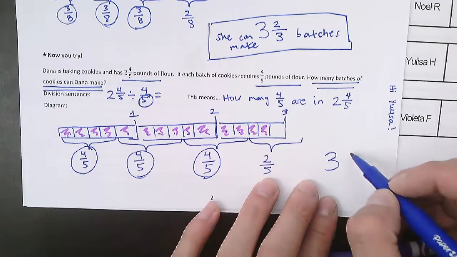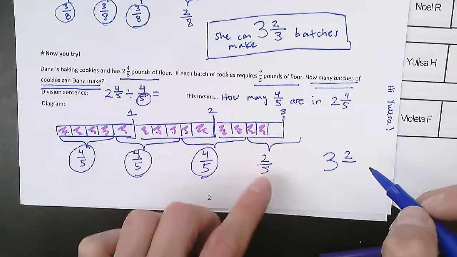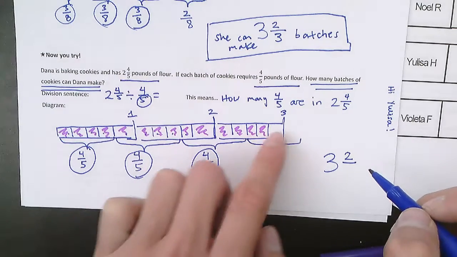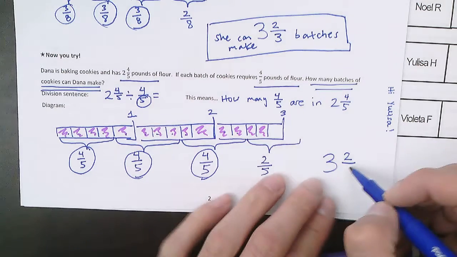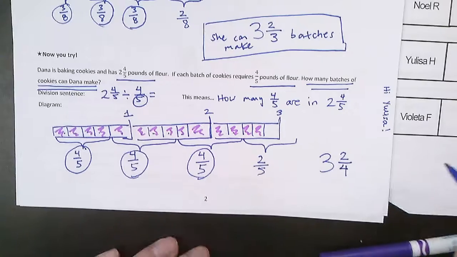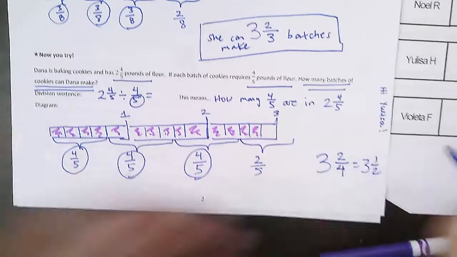So that means it's 3 and 2, and it's not out of 5. Instead, it's out of 4, because I needed 4/5 for the batch. So I can only make 2 out of 4 of the batch. 3 and 2/4 simplifies to 3 1/2.